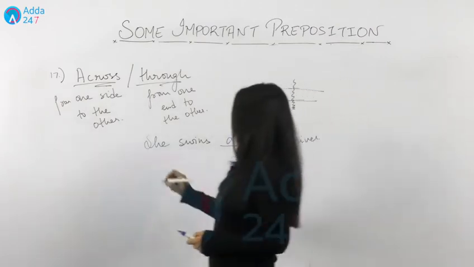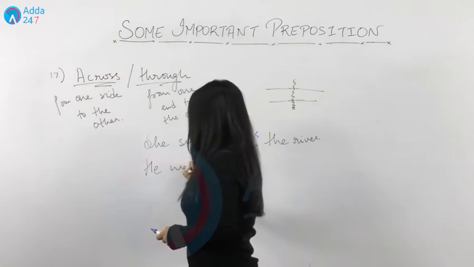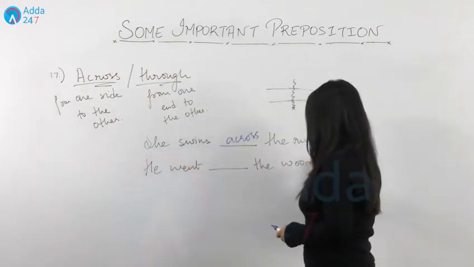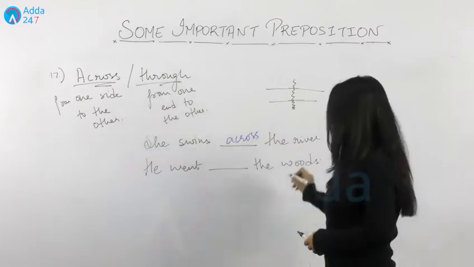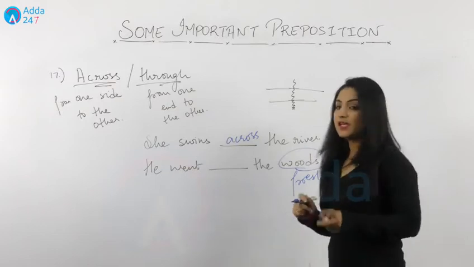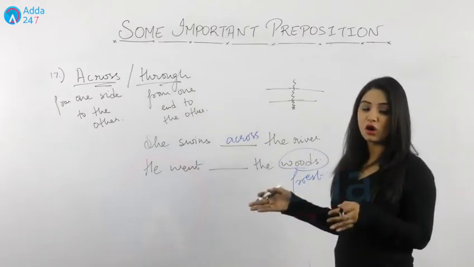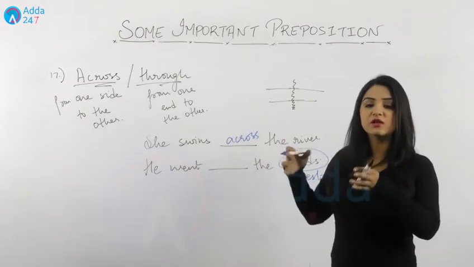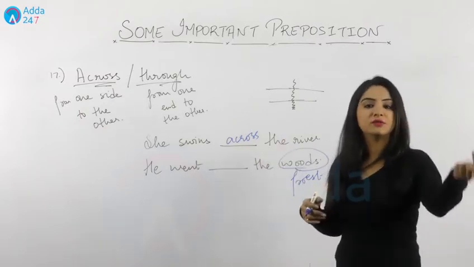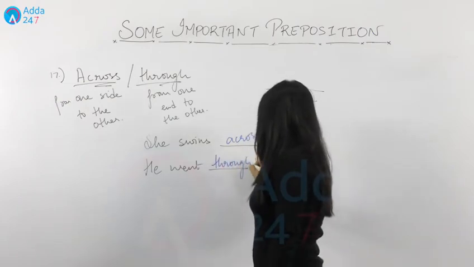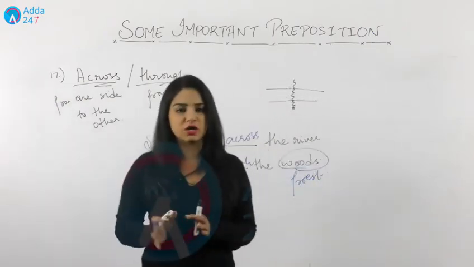But if I say, he went dash the woods. So let me tell you, woods here means forest. And he went dash the woods. That means he crossed the forest. He entered the jungle from one end and he came out from the other end. So here we use, he went through the forest or the woods or the jungle.